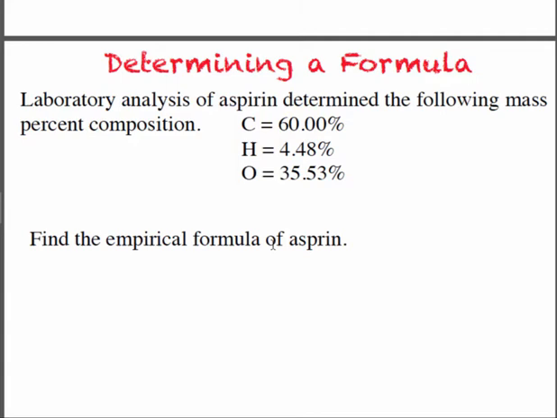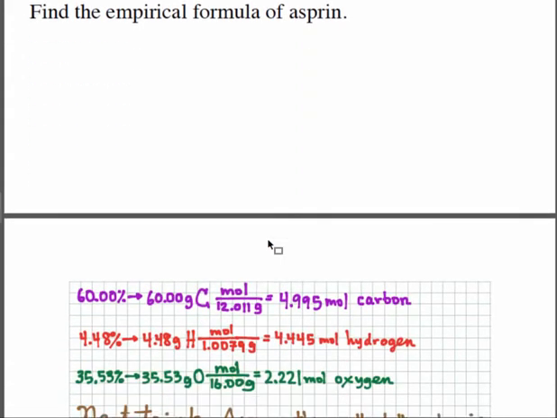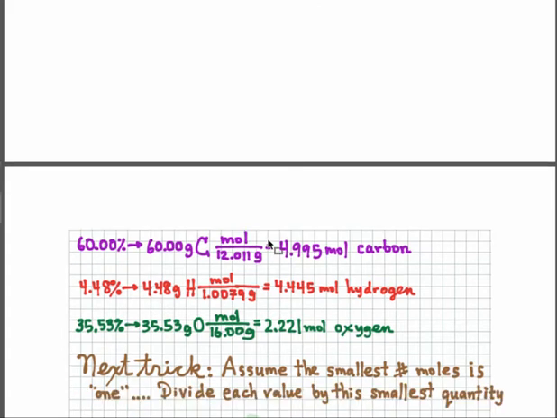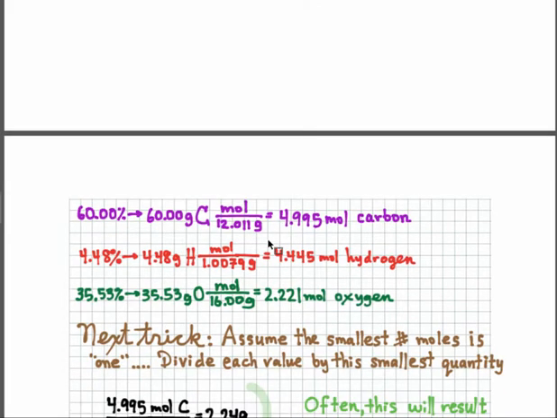Let's try that again. Another way we can do it is by percent composition. 60% carbon, 4.48% hydrogen. I could then subtract those two from 100% to get the oxygen, but they told me 35.53. The first step in this trickery is to change the percent into grams, imagining we have a 100 gram sample.